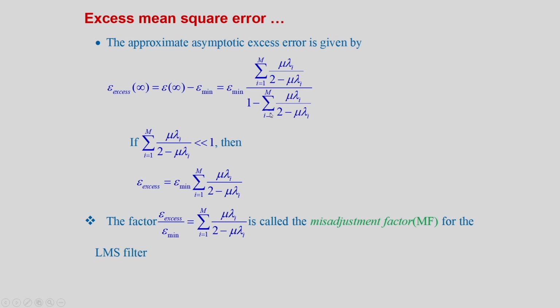Suppose this quantity is much smaller than 1, then the denominator will be simply 1, so that we can write epsilon excess, that is the excess mean square error, is equal to epsilon min times summation of mu lambda i divided by 2 minus mu lambda i, going from 1 to M. This epsilon excess divided by epsilon min, this factor which is equal to summation of mu lambda i divided by 2 minus mu lambda i, going from 1 to M, is called the misadjustment factor MF for the LMS filter.